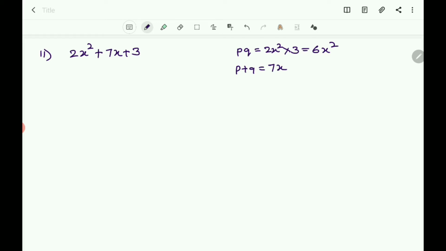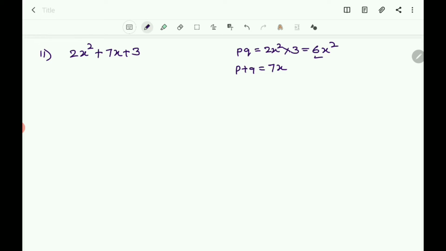You know that the product is positive and the sum is also positive, means both the factors must have the positive sign, as the middle term 7x is having positive sign here.